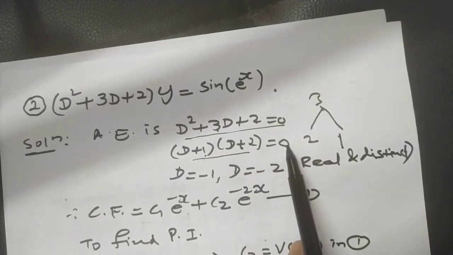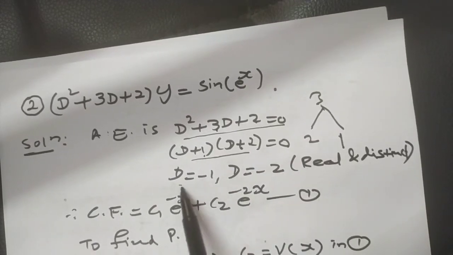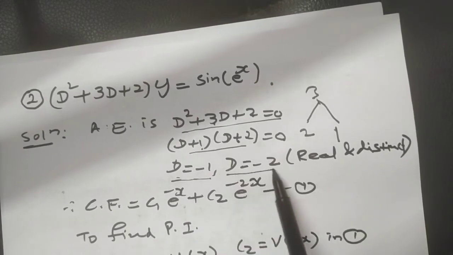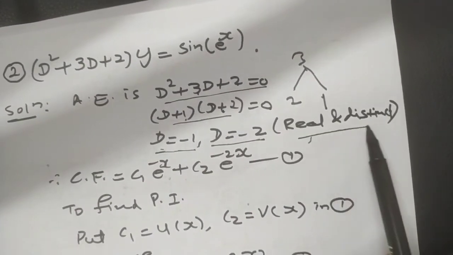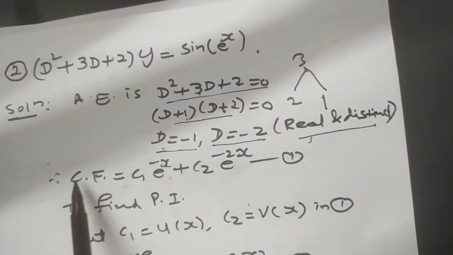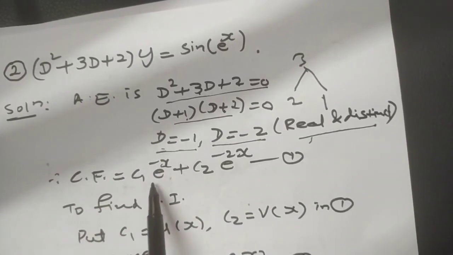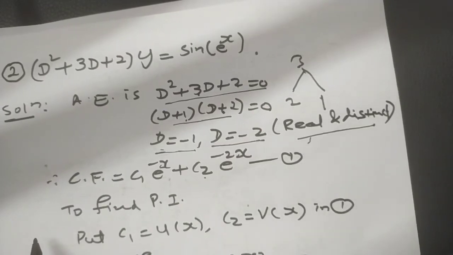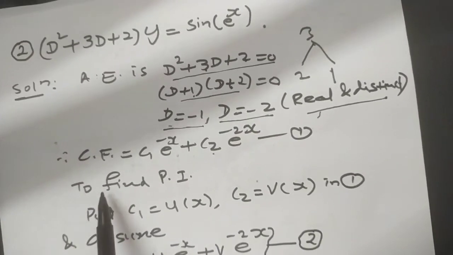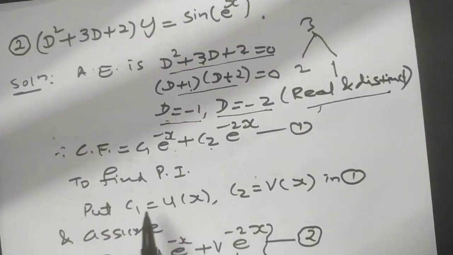So (D plus 1)(D plus 2) is equal to 0. So D is equal to minus 1 and D is equal to minus 2 are the roots. The roots, if you observe, are real and distinct. So the complementary function is c1 e raised to minus x plus c2 e raised to minus 2x. Now to find the particular integral, the first part is over.